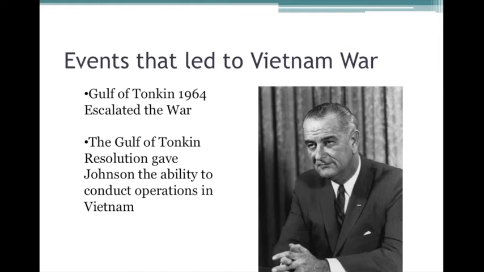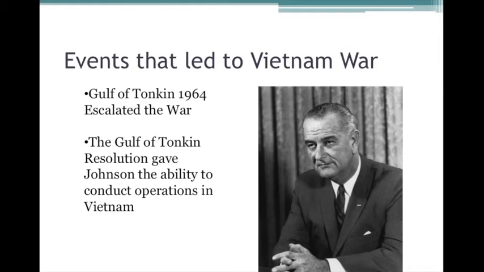It ended up not being a major attack. One, I think they found maybe a single bullet hole, and then in the other, it was just some misread of radar sightings. But nonetheless, this caused Johnson to go to Congress to take measures to move against the North Vietnamese.